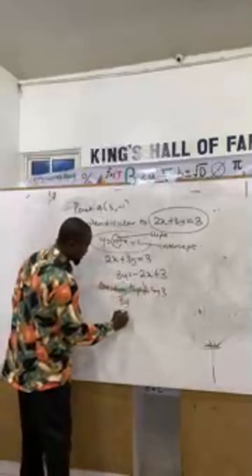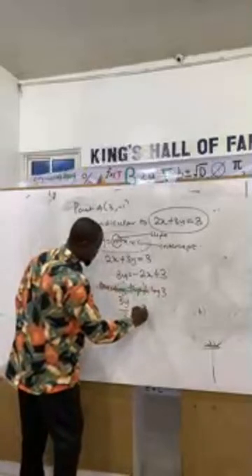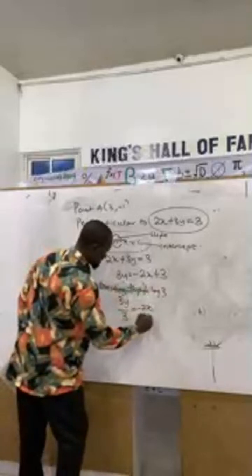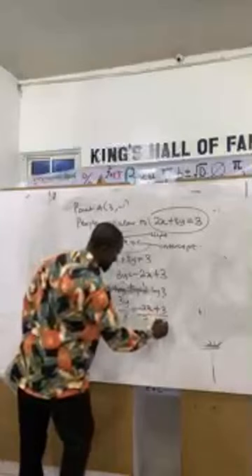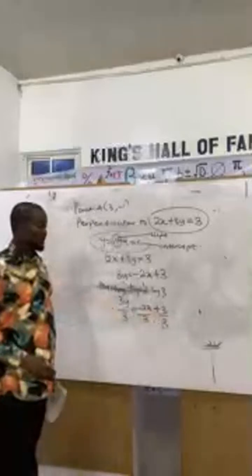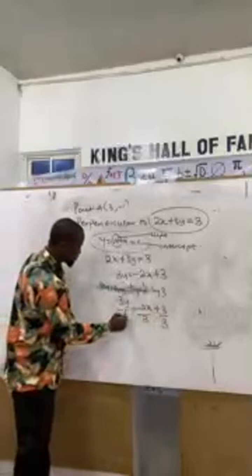Three y over 3 equals minus 2x over 3 plus 3 over 3. So you see that from here, this cancels out this.